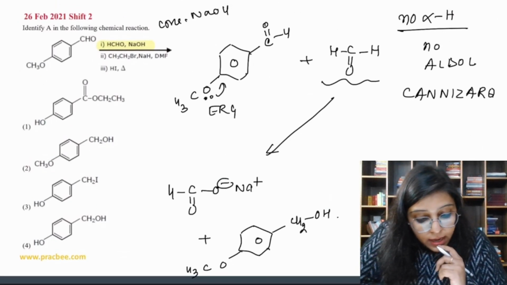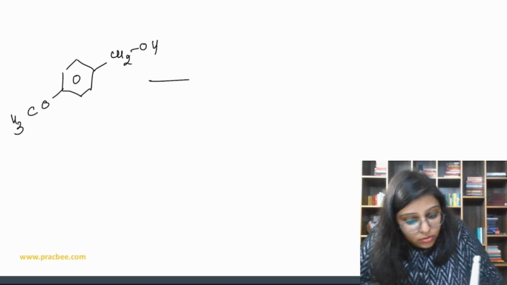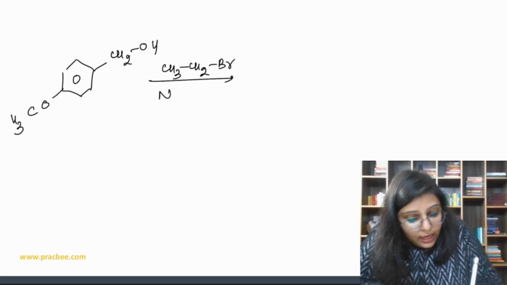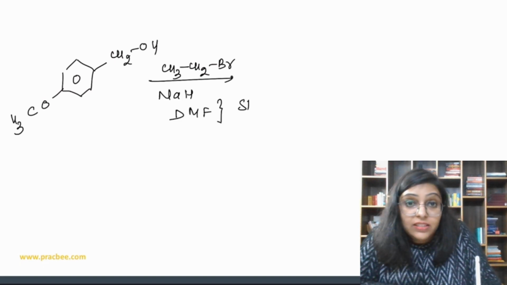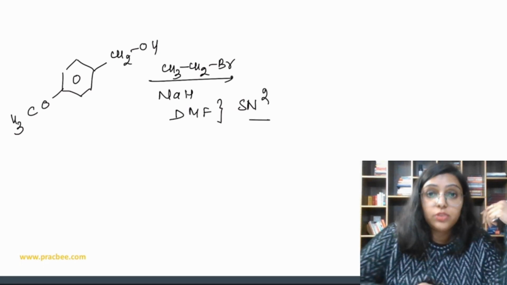Now we have CH3CH2Br, NaH and DMF. So see, we have CH2OH and here we have OCH3. DMF tells us that it is a nucleophilic substitution 2 reaction, right? This is an SN2 reaction.